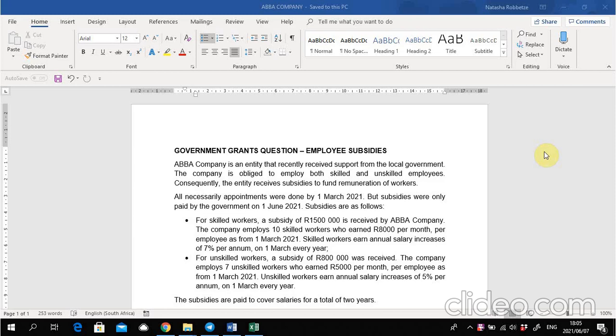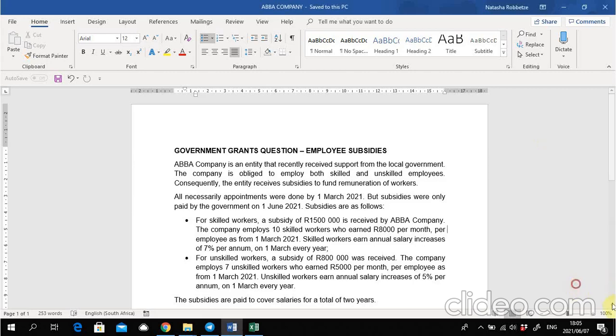However, this question is interesting because it shows us what to do when the financial year of the company does not coincide with the financial year as from the date that the government grant or the subsidy is paid.